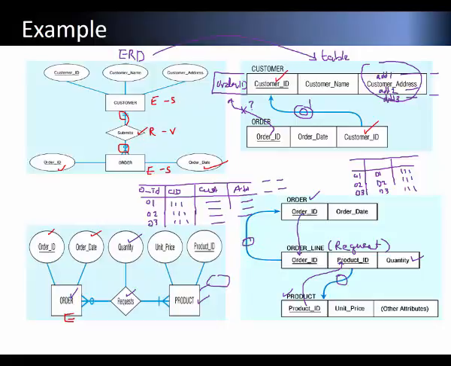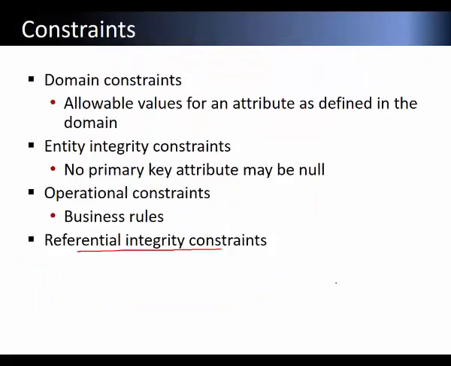By sharing those 2, then they are nicely related. Again, those blue arrows are the indicator of referential integrity. That's what we say here, referential integrity constraints.